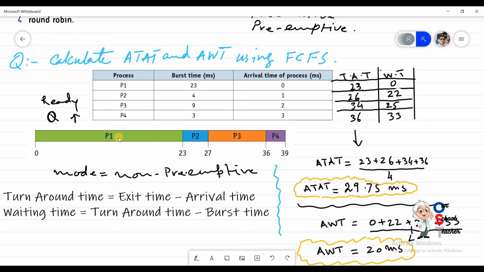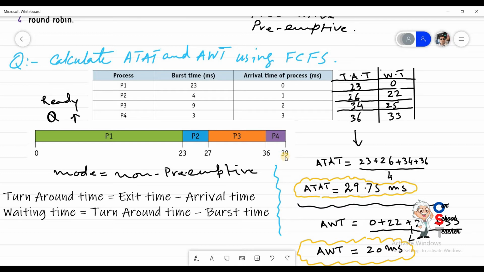So P1 has taken 23, then P2 has taken 4 millisecond, 23 plus 4, 27, and P3 has taken 9 millisecond, 27 plus 9, that is 36, and P4 has taken 3 millisecond, 36 plus 3, 39 millisecond.